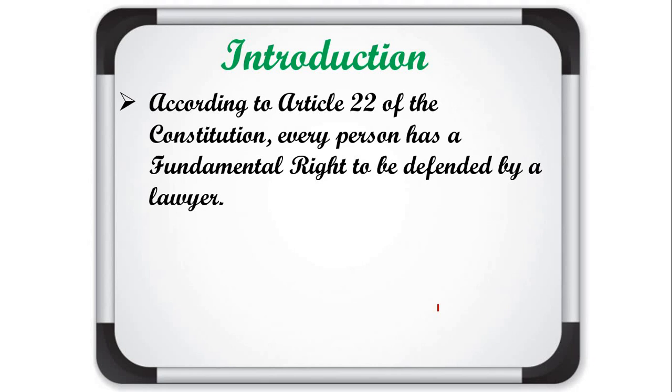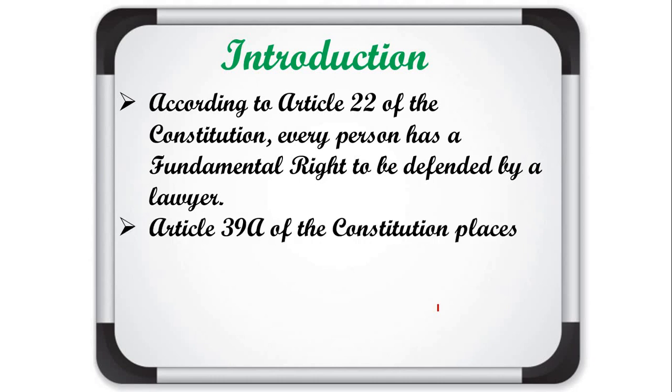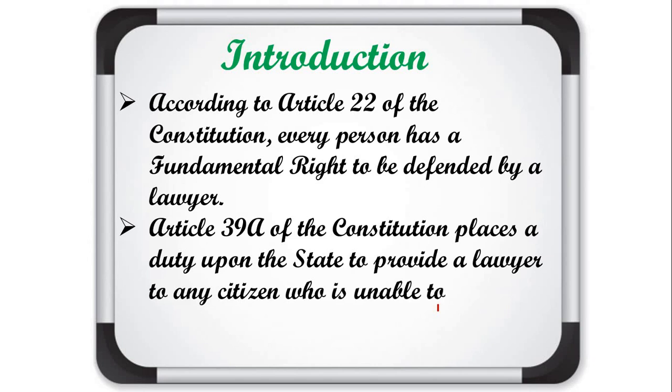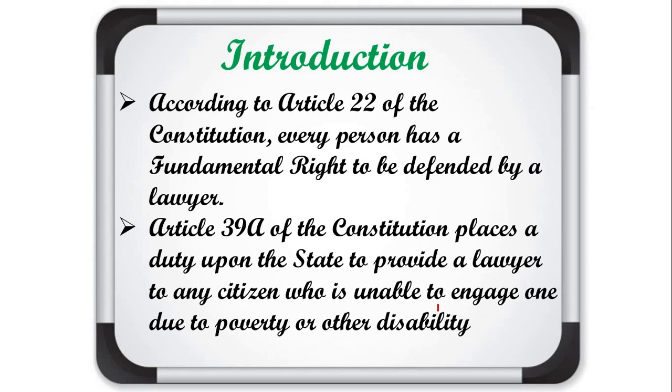Now second, the important article related to a criminal case is Article 39A. What does Article 39A state? Article 39A of the Indian Constitution places a duty upon the state to provide a lawyer to any citizen who is unable to engage one due to poverty or other disability. What does it mean? As we have discussed, it is the fundamental right of every person to be defended by a lawyer.